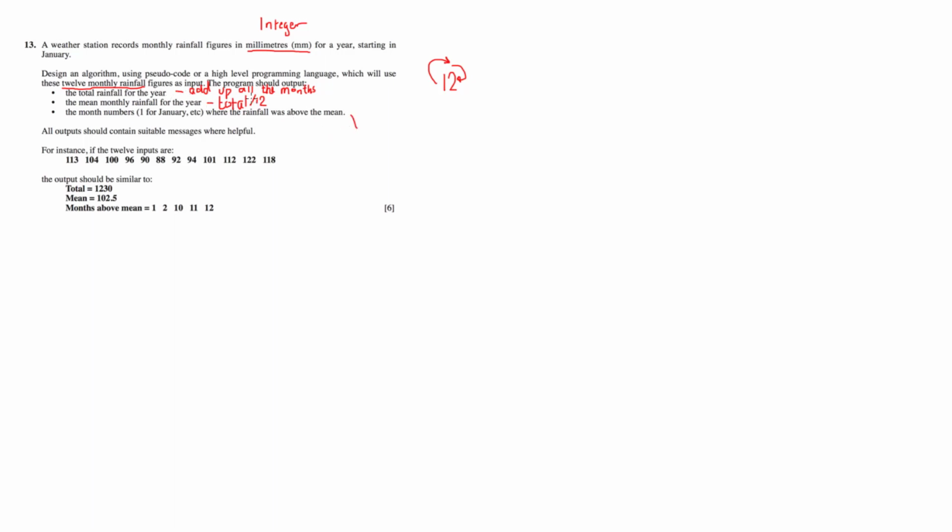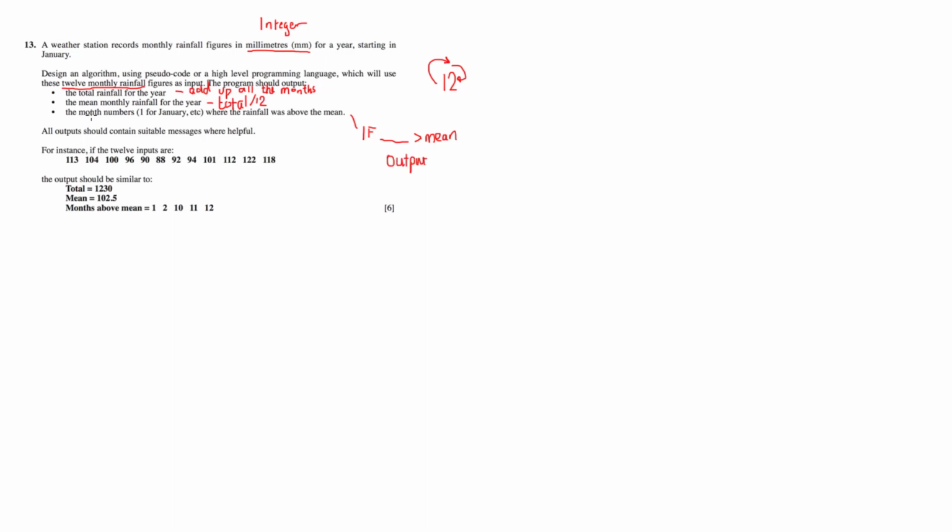Then, once I've worked out the mean, I need to go back through all the months of data again and compare it, probably using some kind of if statement. So if the value is greater than the mean, then we need to output that.